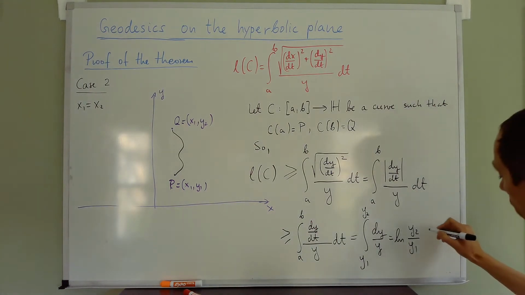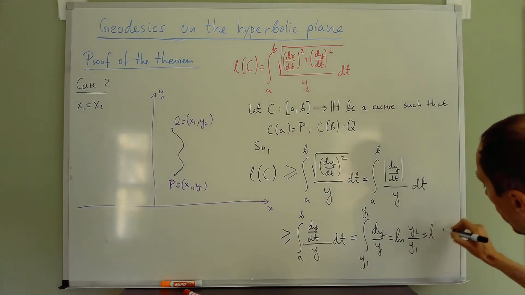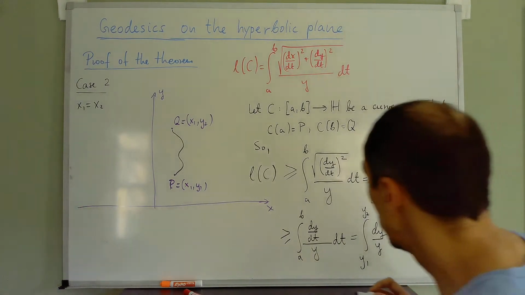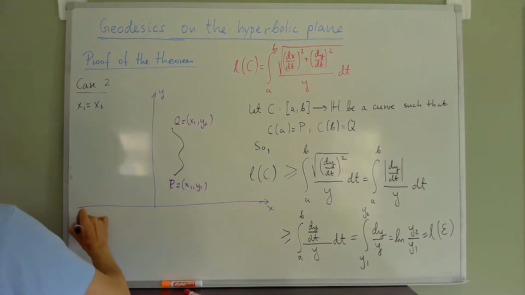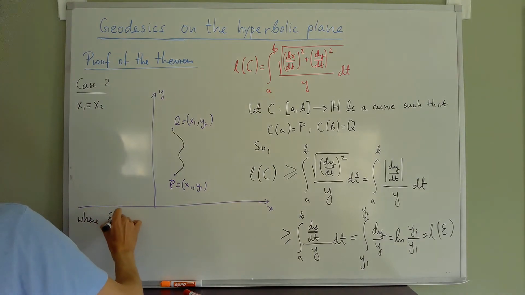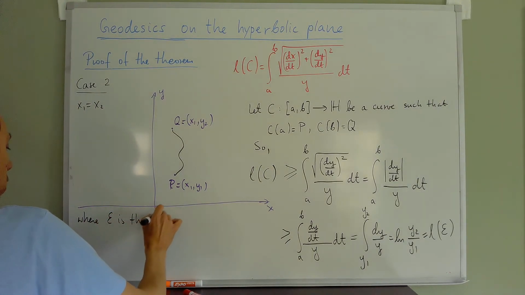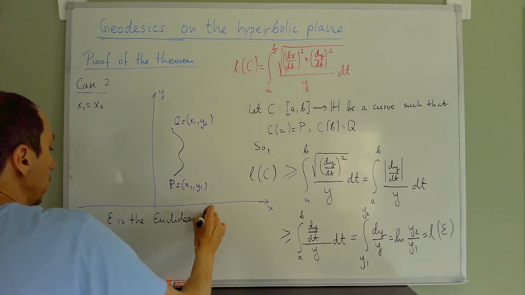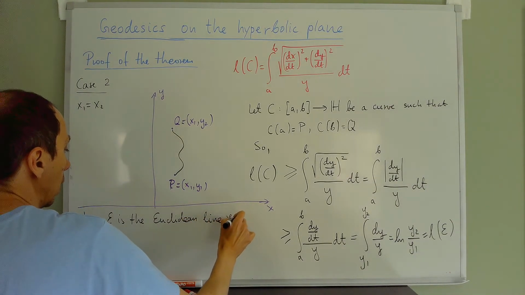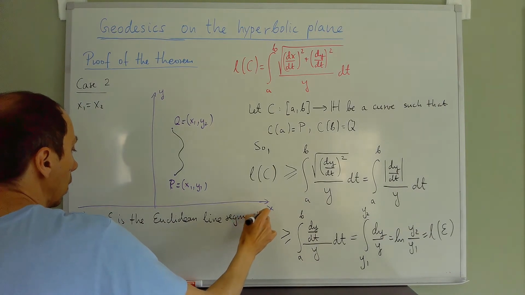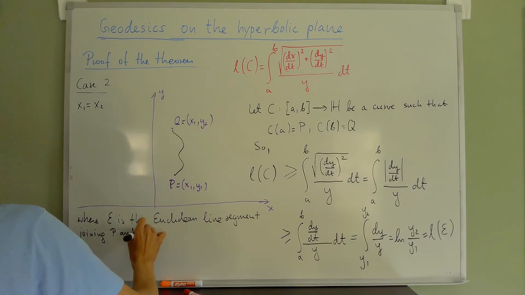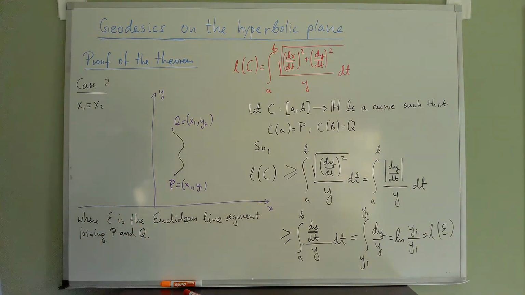And this we know, this is the length of E. Well, what is E now? Where E is the Euclidean line segment joining P and Q. So what did we show again?